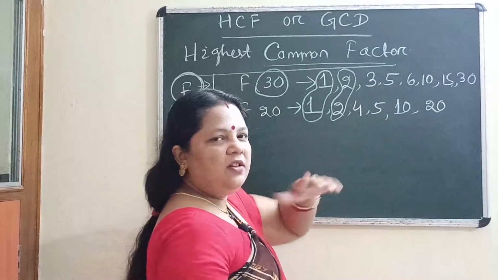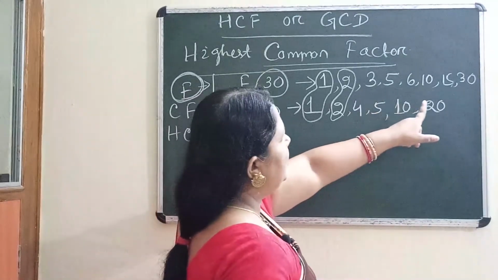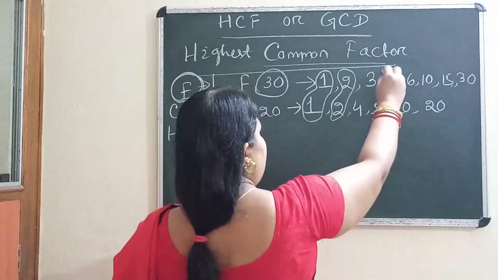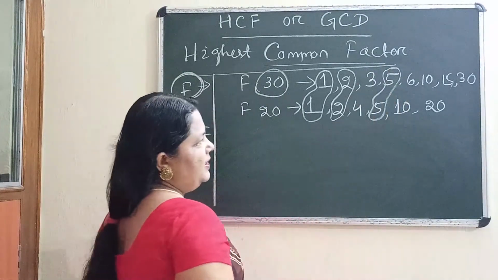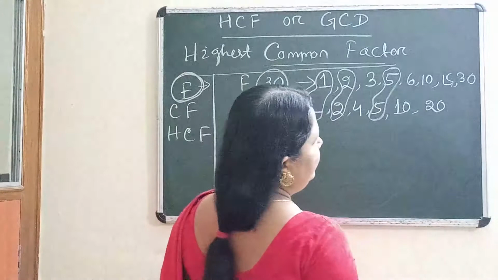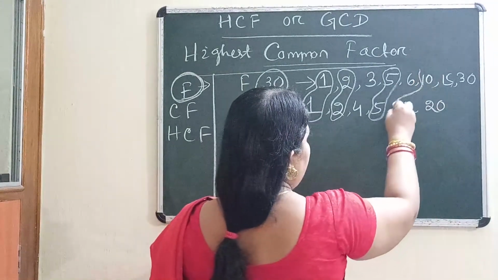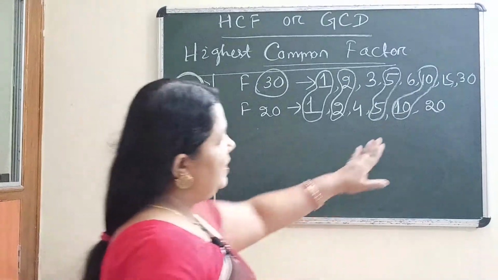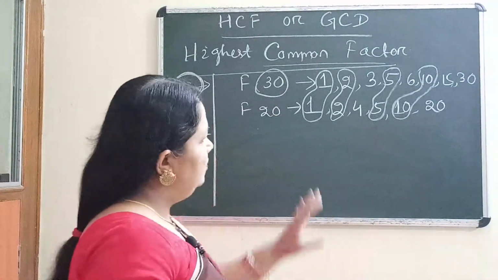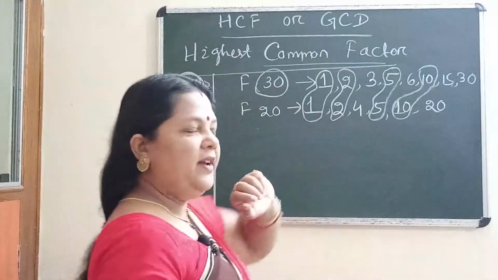That means 3 is not a common factor. Then any other common factor? 5. 5 is a common factor in both the cases. Next is your 10. 10 is a common factor. Any other? No, we are not getting any more common factors.